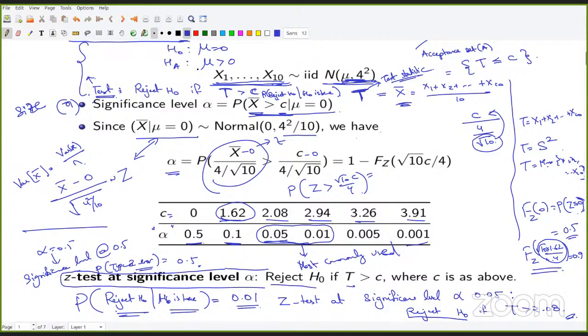We reject null and accept that the alternative is true, which is mu is greater than 0. If your sample mean is somewhere around 1.5, less than 2.08, we accept null. So we say yes, our claim is correct, mu is actually equal to 0. So that is what we do in this Z test.